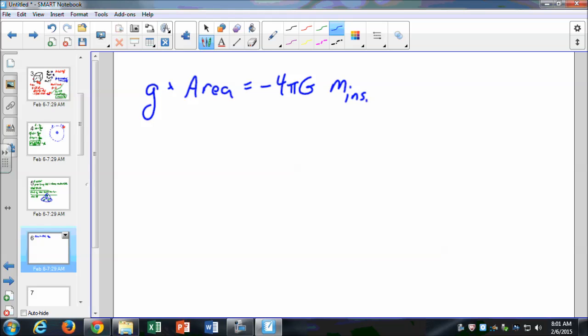Notice this looks a lot like our Gauss's law for electric fields as well. Except here we had, instead of the gravitational field, the electric field. Here we wrote this a little differently, said it was the integral of dA, but it's still the same. And here we had epsilon naught, and this was charge. This looks basically the same.